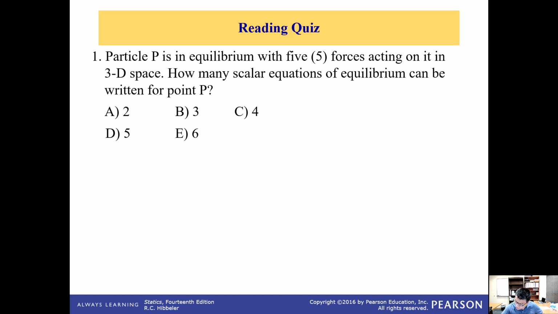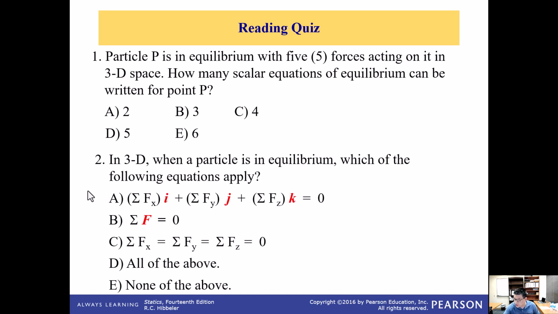So the answer should be 3, because for any 3D problem, we can only write 3 equilibrium equations. Okay. Another question: in 3D, when a particle is in equilibrium, which of the following equations apply? So the answer should be D. All of A, B, C should be correct answers.